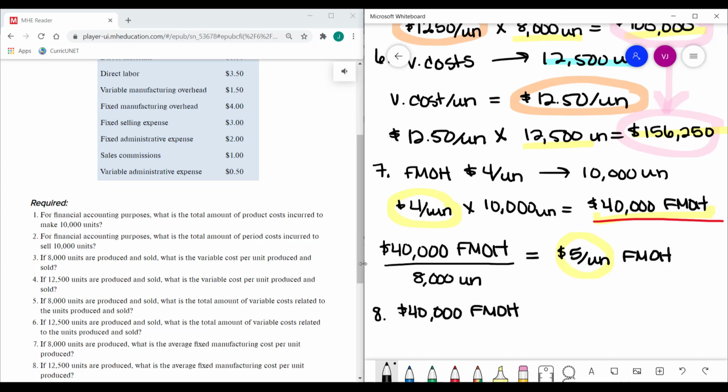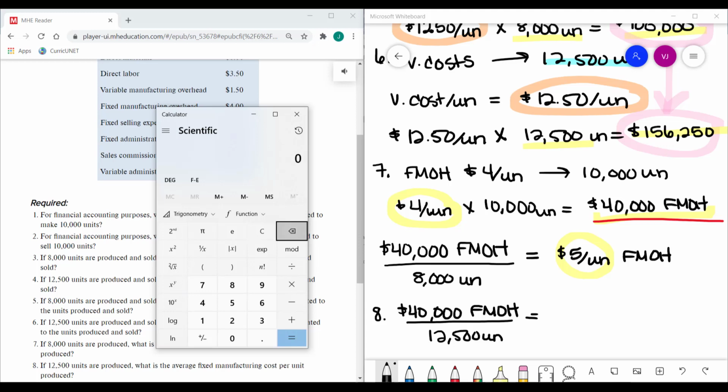But now they're asking, okay, well, if you produce 12,500 units in a given period, what does that fixed overhead come out to per unit? Well, we're going to divide that now by 12,500 units. And the calculator will take that 40,000, divide by 12,500, and that gives us $3.20 of fixed manufacturing overhead per unit.